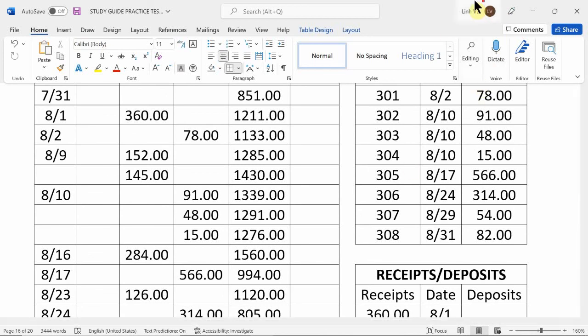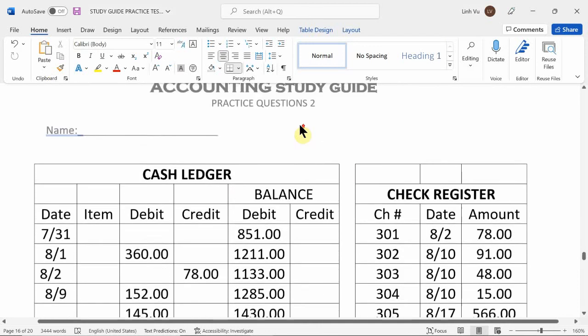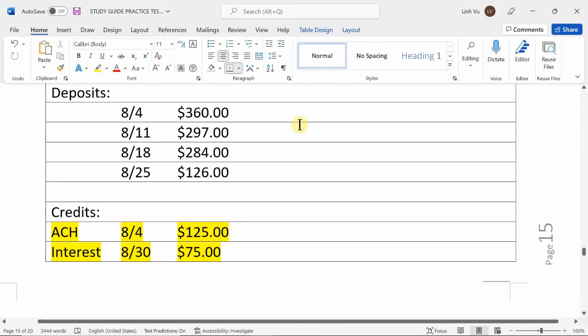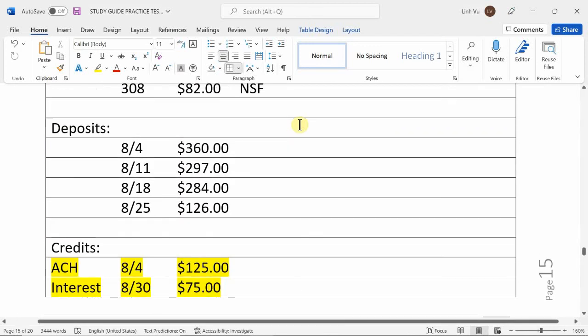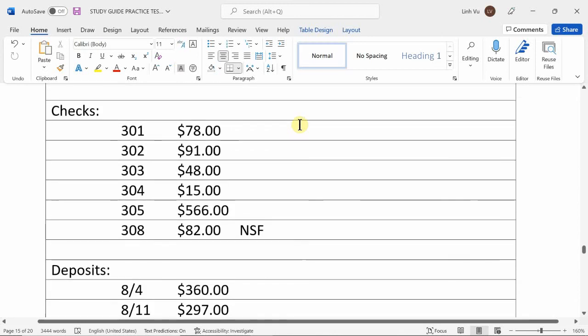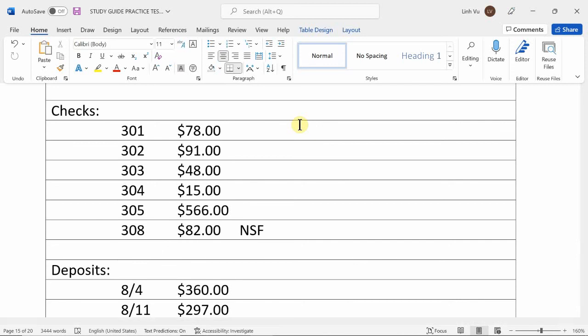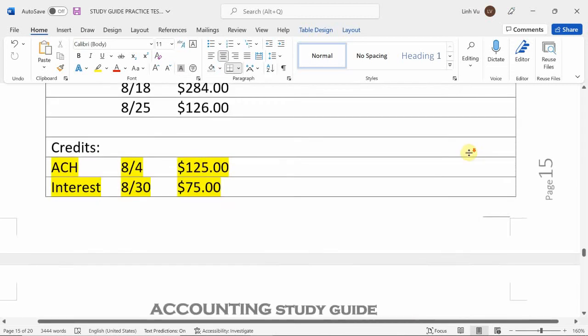So let's see how many cleared in my bank account. We've got 6. Which one am I missing? We're missing check number 306 and 307.